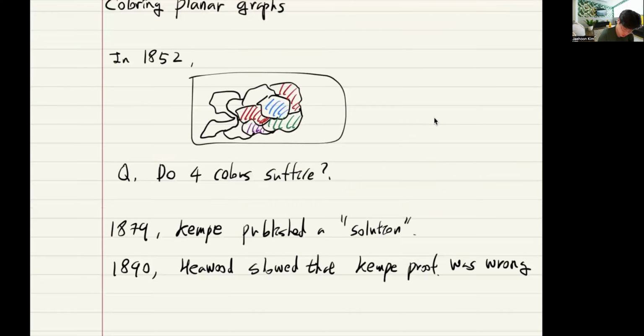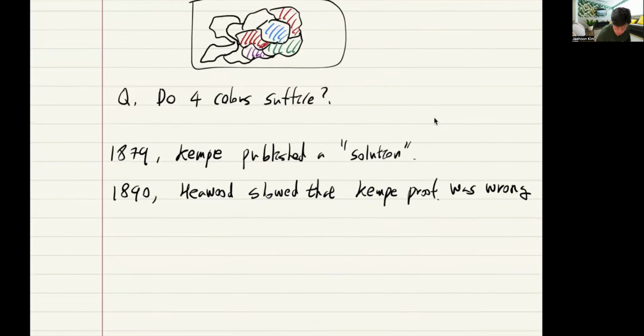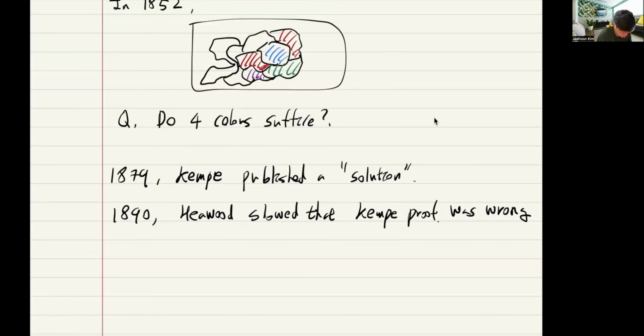It was more than 100 years after the question was raised that Appel and Haken proved the problem and showed that four colors are sufficient. But that required lots of computer work.